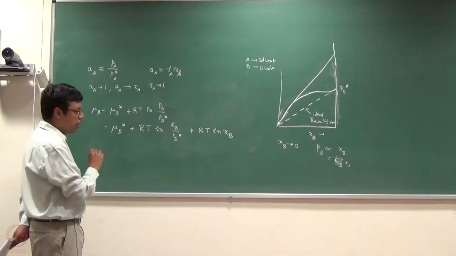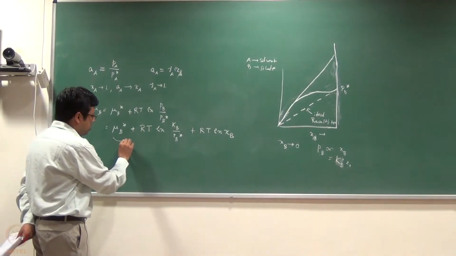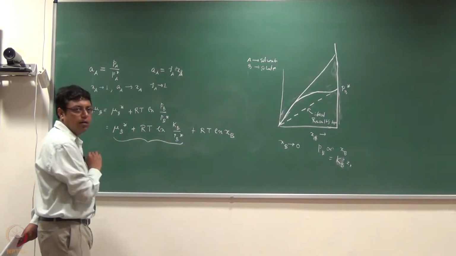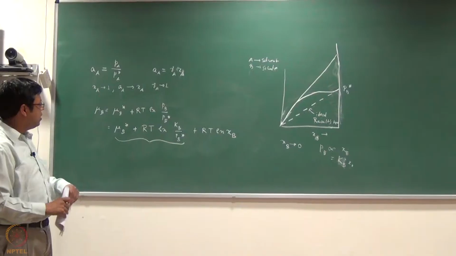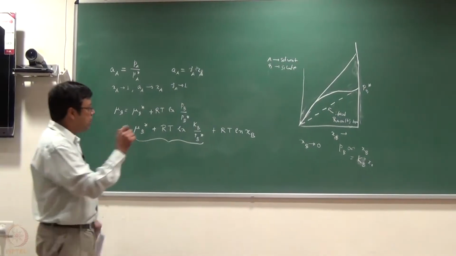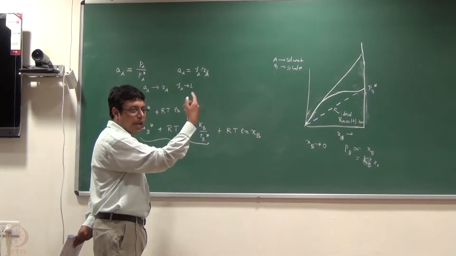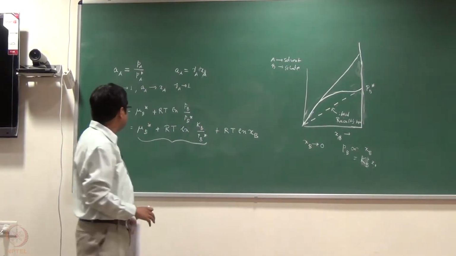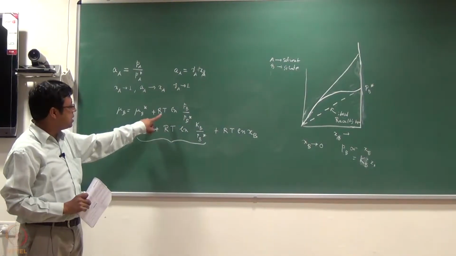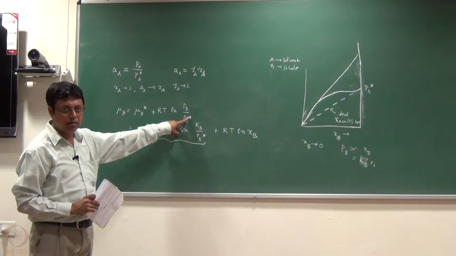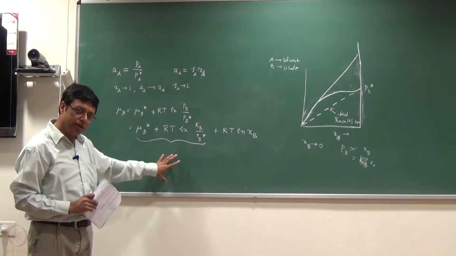Clear? Okay. Now think about it. Look at the Raoult's law thing. If I had written it as a Raoult's law for A, how do I write it? I write mu A is mu A star plus RT ln XA, right? I want to write a similar thing.